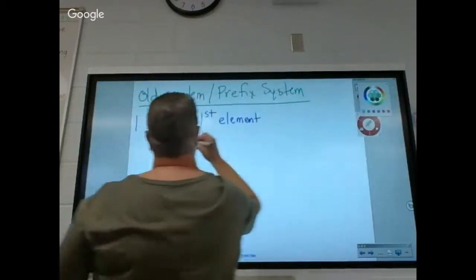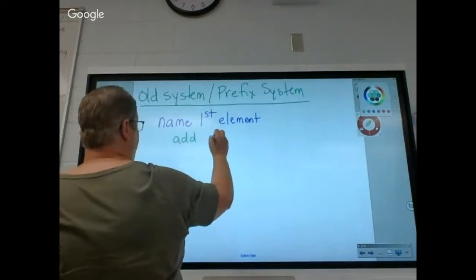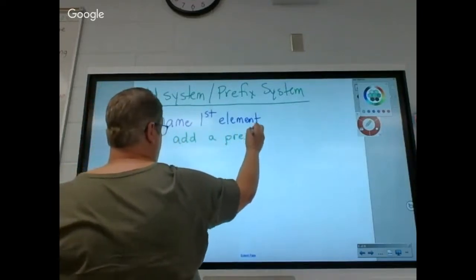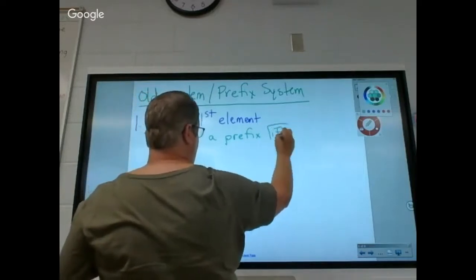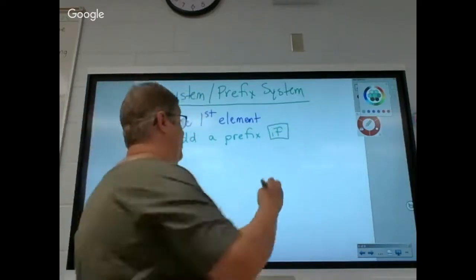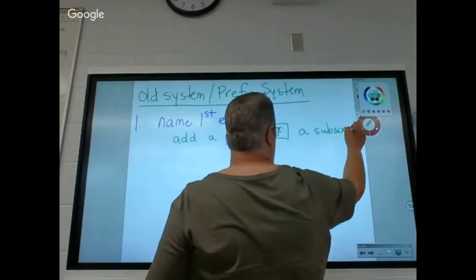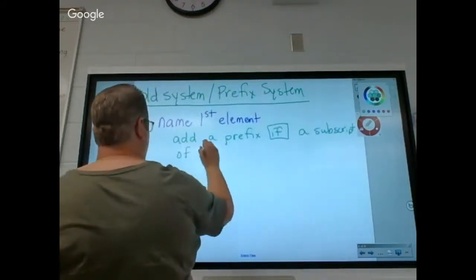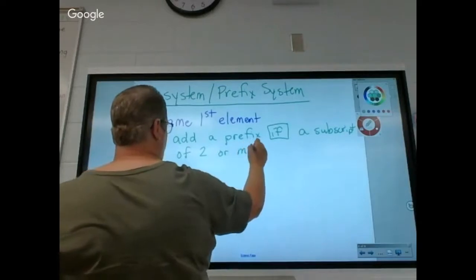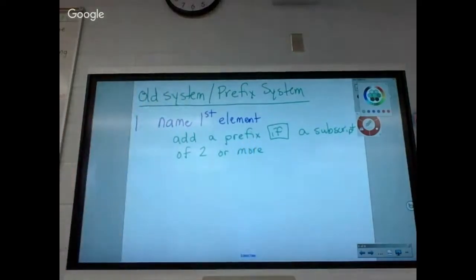Now, we will add a prefix only if there is a subscript of 2 or more on that first element. But if it's not 2 or more, are we going to add a prefix? No.